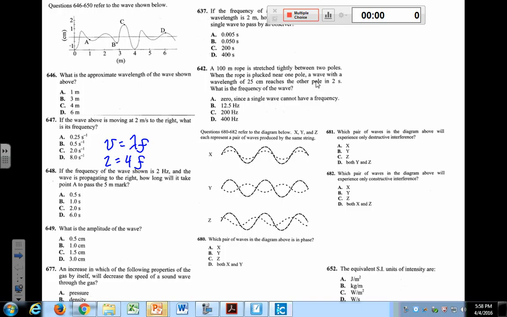Let's try 648. If the frequency is 2 hertz, and the wave is propagating to the right, how long will it take to pass the 5 meter mark?